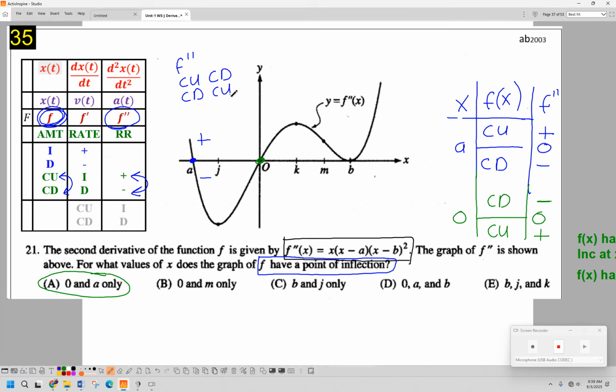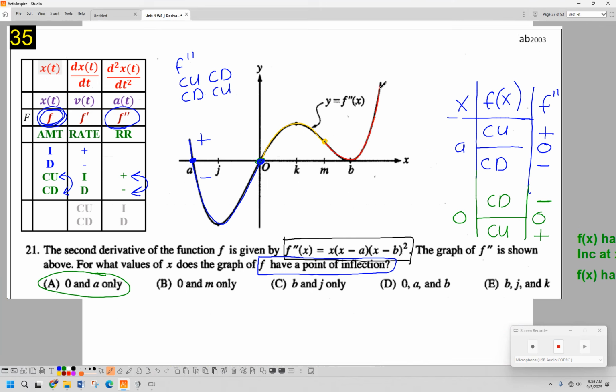So here's f double prime being concave up. Right about there, f double prime changes to concave down. So we get to about here. Then f double prime changes back to concave up.